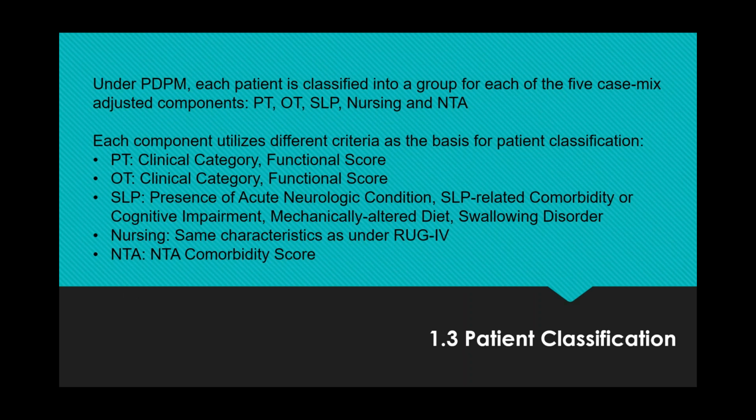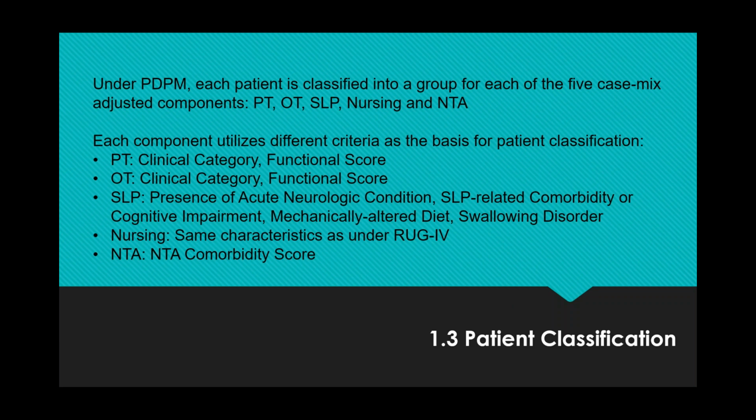Under PDPM, each patient will be classified into a group for each of the 5 case mix adjusted components. So there's PT, OT, speech, nursing, and non-therapy ancillary. Each component utilizes different criteria as the basis for patient classification. For PT, it's a clinical category and then a functional score. For OT, the same, clinical and functional score.